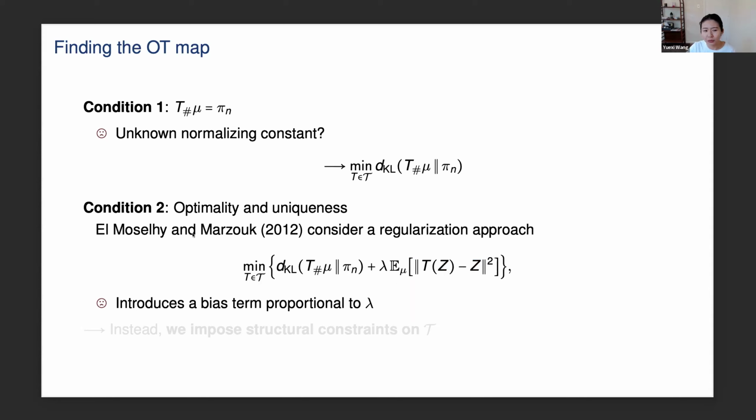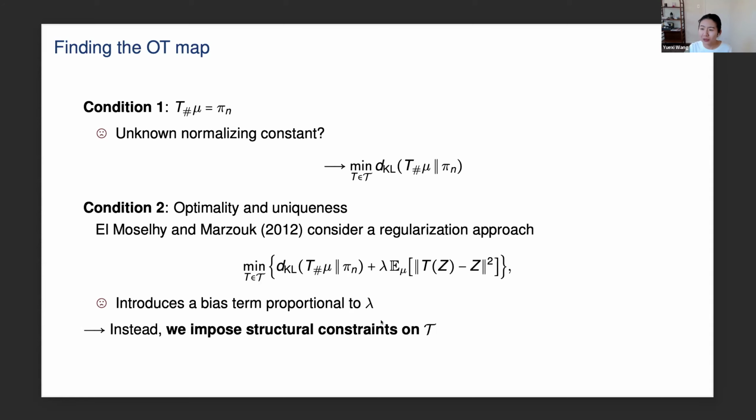This has been done by two researchers from MIT in 2012. But just like any regularization approach, you will introduce a bias term proportional to lambda. And in real implementation, you also usually need a data-driven way to select the lambda. And we wanted to avoid that.